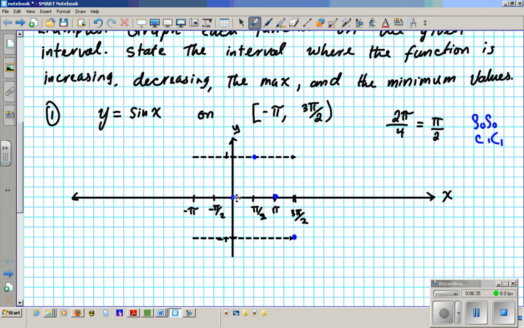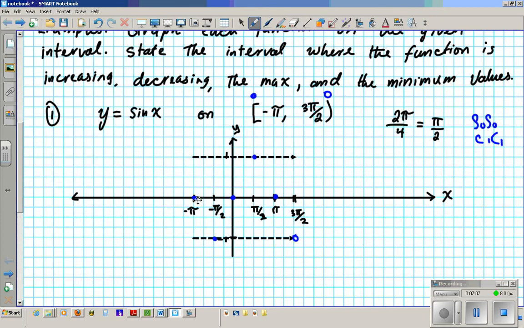Alright, and then going back, from the center to the min, and then from the min back to the center. Since we're ending up with a parenthesis here, this is going to be an open circle. So this is open, and this one right here is closed. Okay? So that's what it's going to look like. Alright, let's connect the dots.